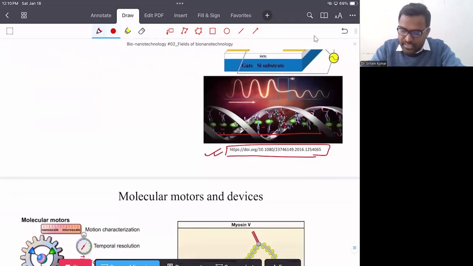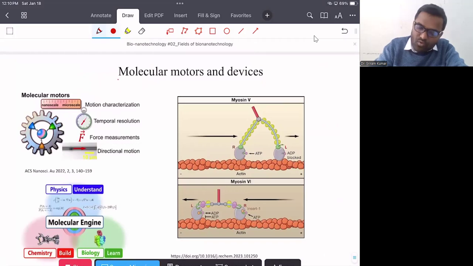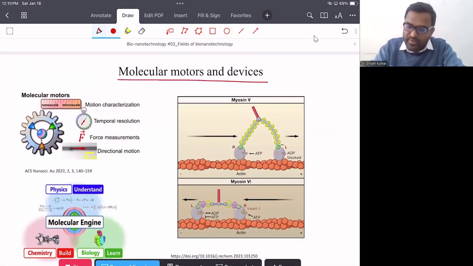And the next area of research in bionanotechnology is molecular motors and devices. Here we can develop molecular motors based on proteins.